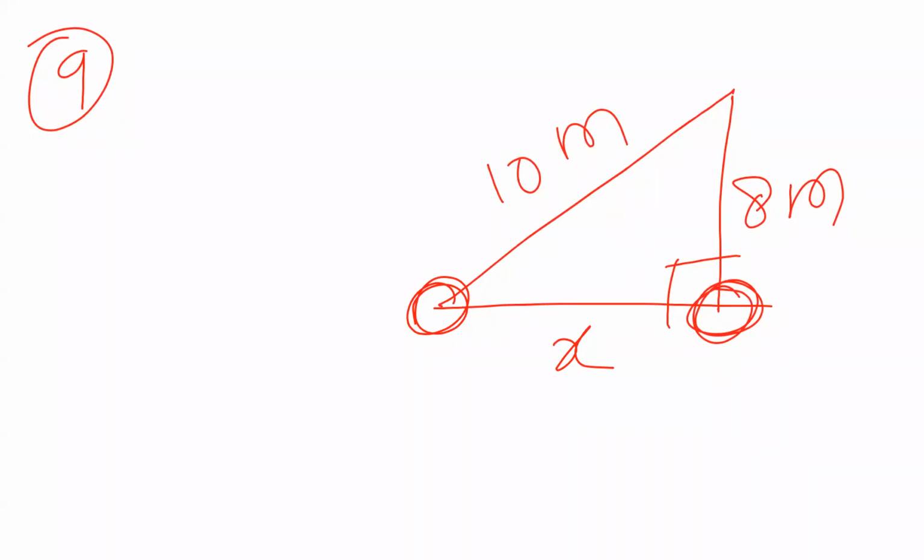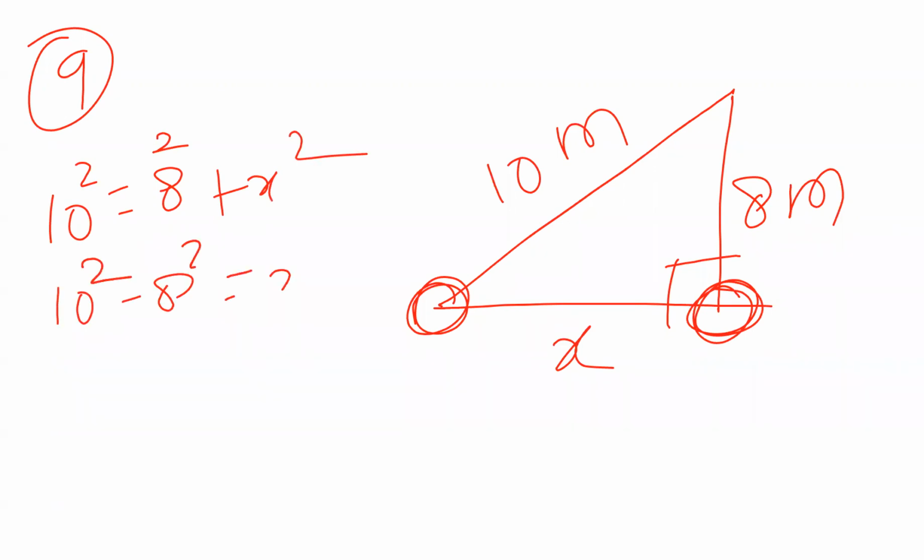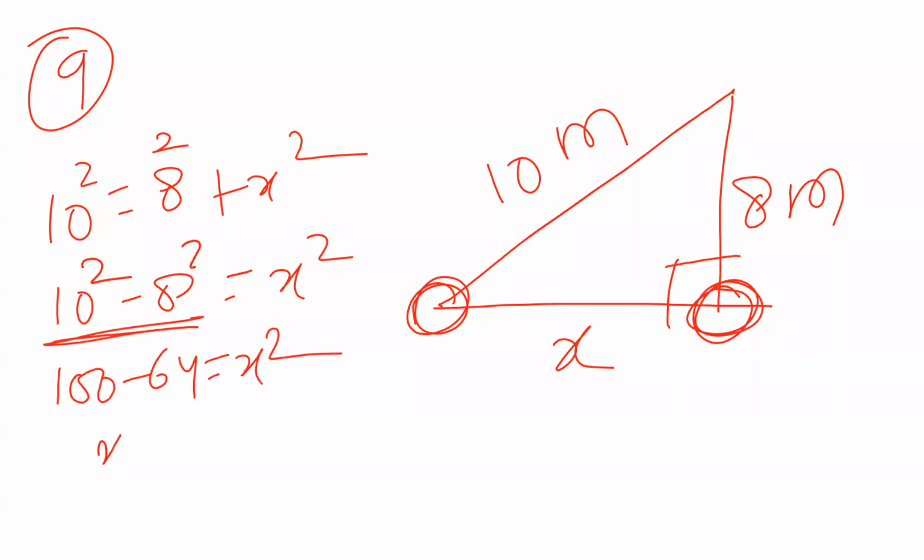Sir, base is 6 meters. Now you can use Pythagoras theorem. If I'm writing only the mathematical part without any introduction, you can write 10² equal to 8² plus x², and 10² minus 8² equal to x². Now we have two ways. One is 100 minus 64 as x², and x will be root under 36, which becomes 6.